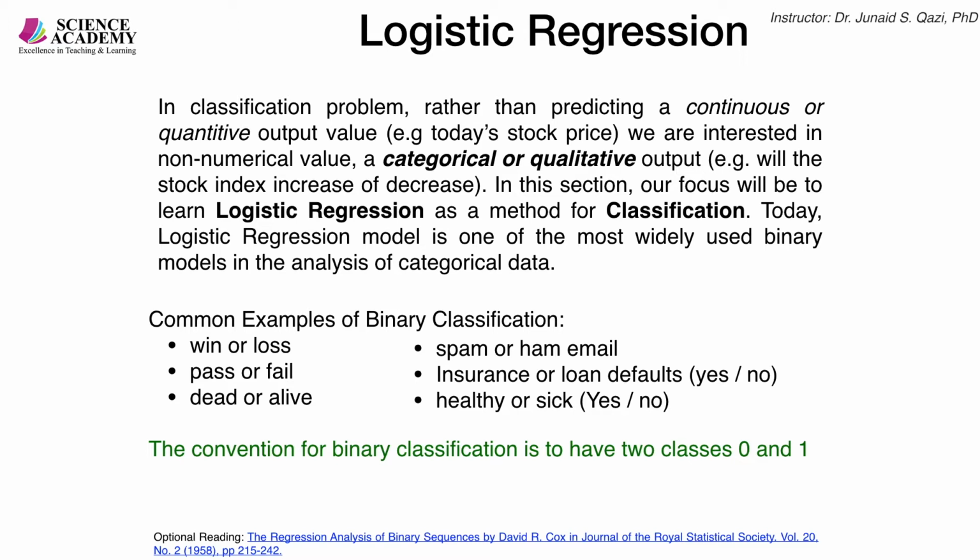Some of the examples include win or loss, whether you are winning a lottery or losing a lottery, you passed the exam or you failed the exam, dead or alive, the email you are getting is spam or ham, whether you are getting insurance or a loan or you're not, healthy or sick, the answer is yes or no. The convention for binary classification is to have two classes, 0 and 1.